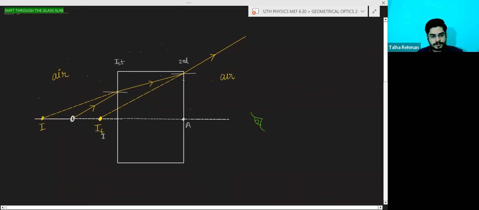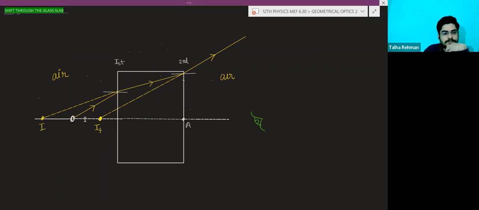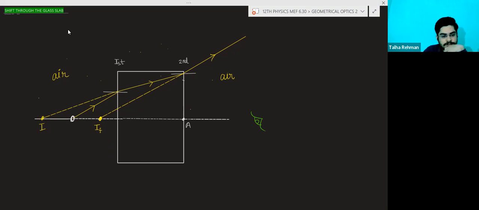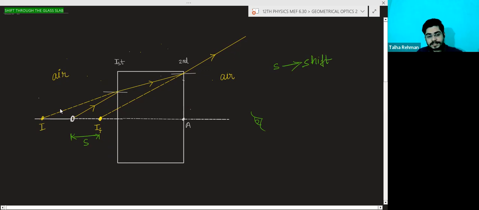This is the final image of the object, and this distance between the object and the final image is known as the shift, S. The object is here, but it will appear to you here.